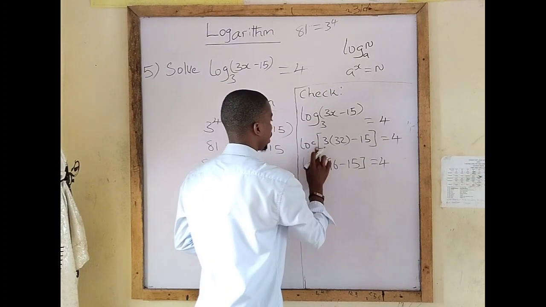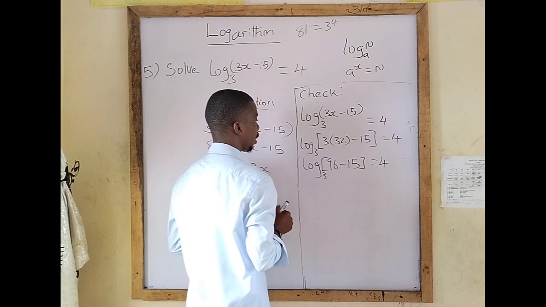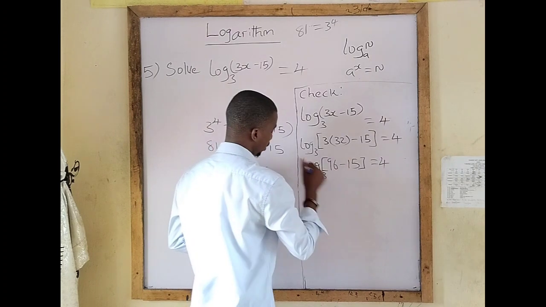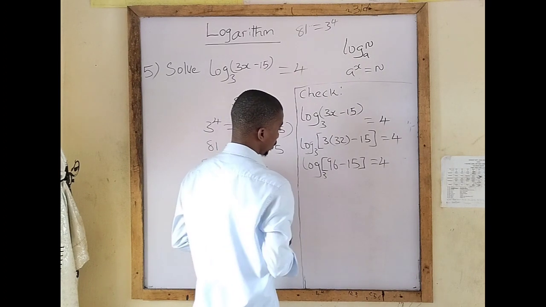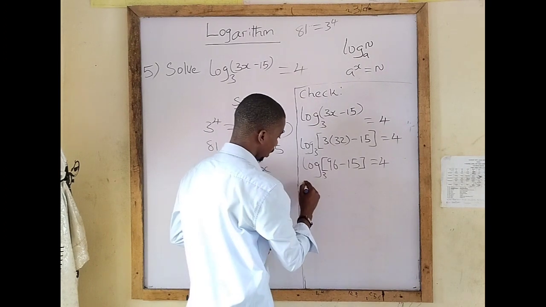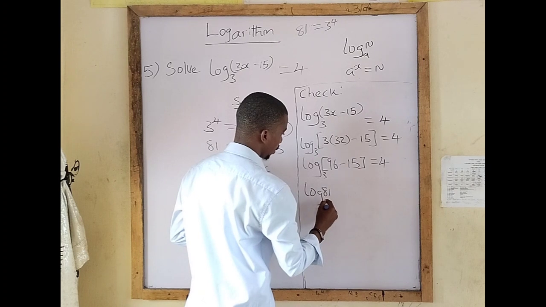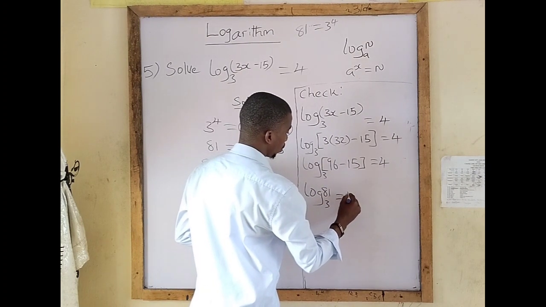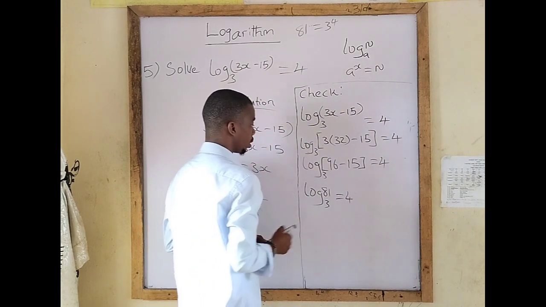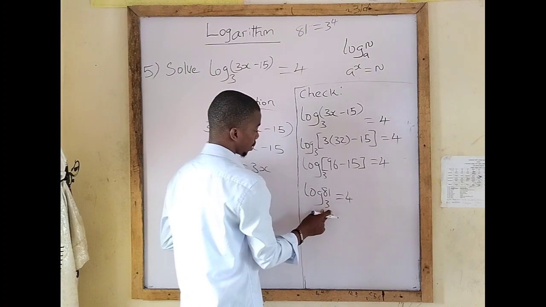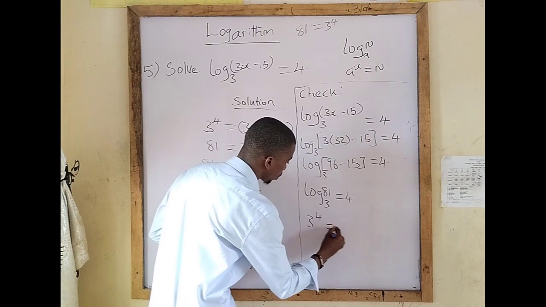Okay, and 96 minus 15 is 81, so we have log 81 base 3 equal to 4. And if we write log 81 base 3 equal to 4 in its exponential form, we have 3 raised to the power 4 equal to 81.